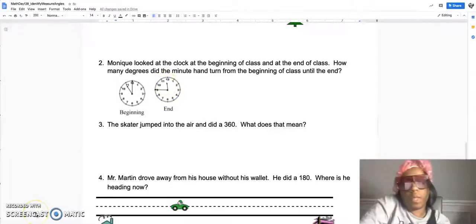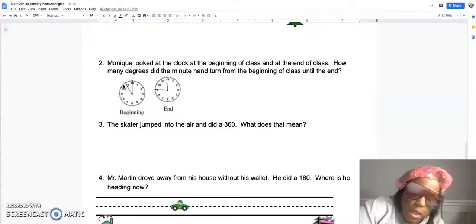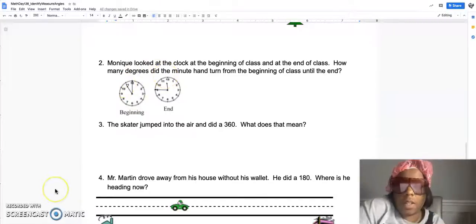The way that we figure that out is by establishing how far is each number to the next. So if I were to move from the 11 to the 12, that would be 30 degrees. Each space is separated by 30 degrees, going all the way around. So the easiest way that I think to do this is to count by threes instead of 30.